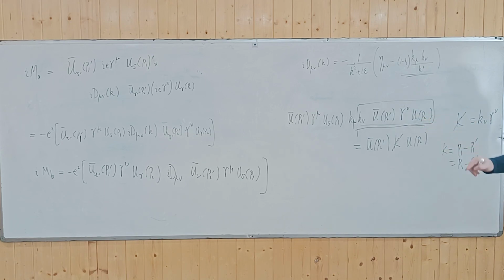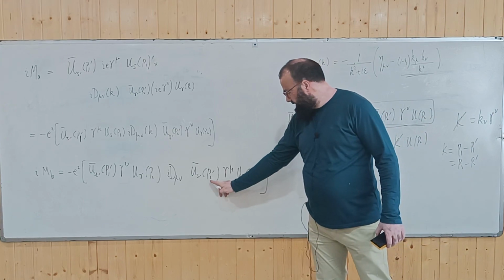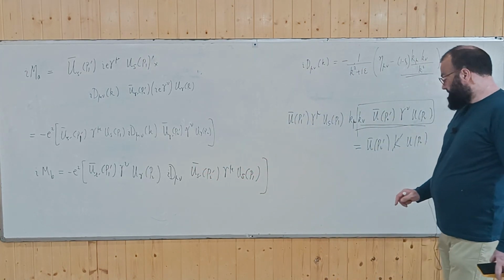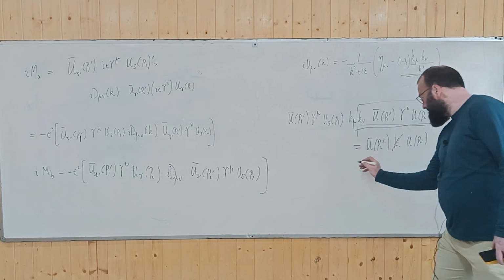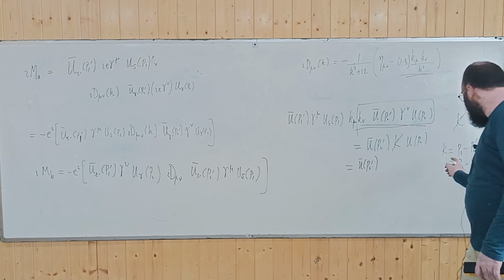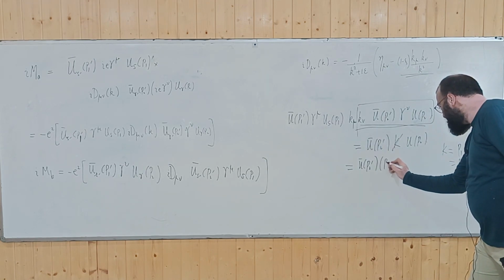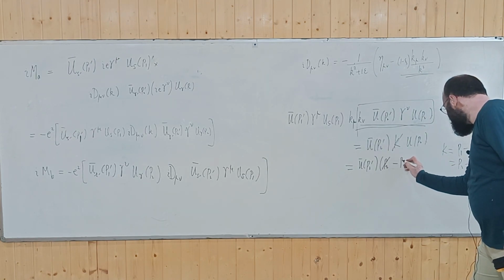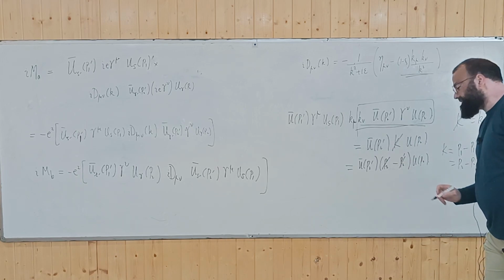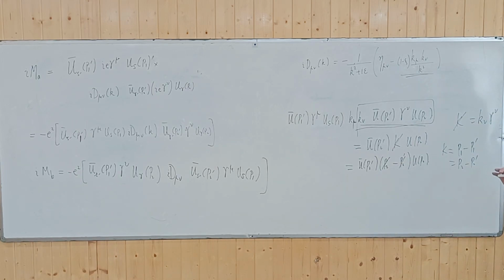In the indirect process, it will be p1 minus p2. That's why it will be like this. So in the direct process, you have to take k mu. Now what will it be? It will be something like u bar p2 prime, k slash, which I will take as p2 slash minus p2 prime slash, acting on u of p2.